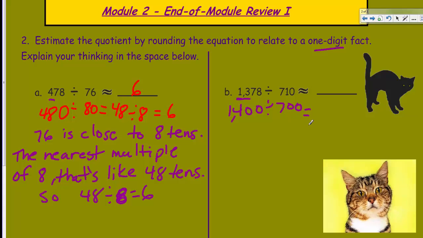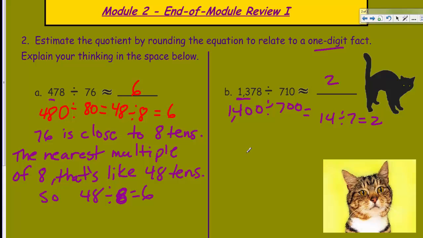So it'd be easy to break this down because basically now we have 1,400 divided by 700, but now it's the basic facts. The simple fact, as they call it, or the one-digit fact, is just going to be 2. And that's what we've done. We've estimated to give us a pretty good answer.